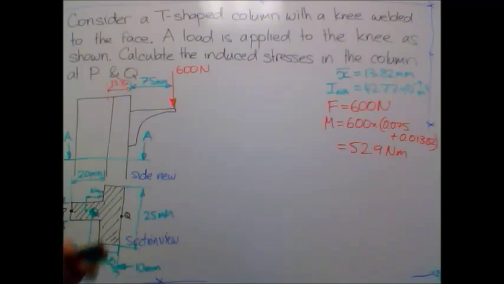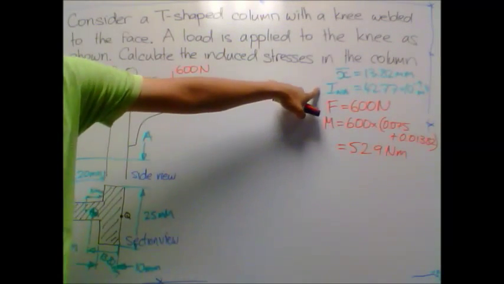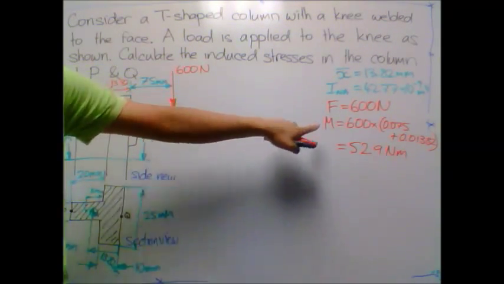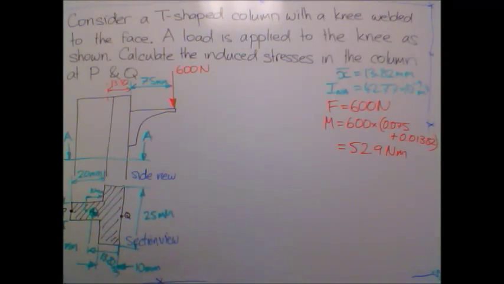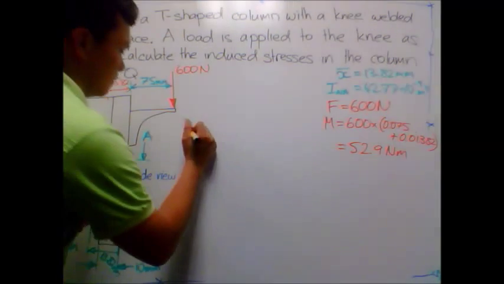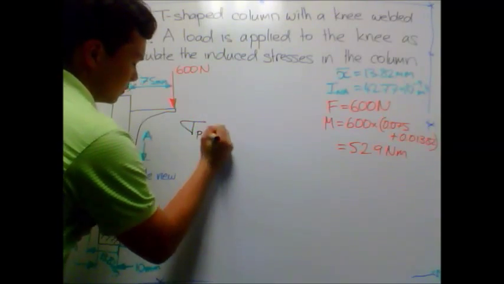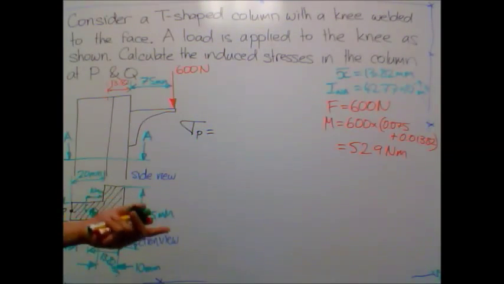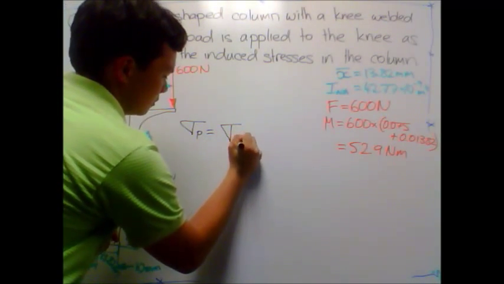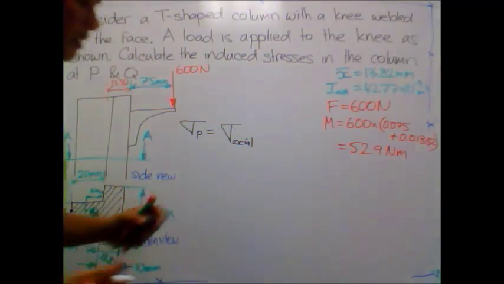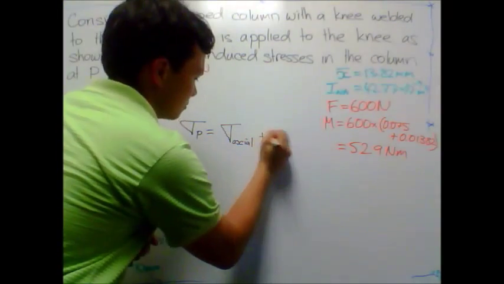Now, so I've got my area moment of inertia, my force applied to my system, my moment being applied to the system. This is most of the information that we require in order to determine the stress at points P and Q. So the stress at point P will be equal to the stress contributed by my axial load, plus the stress contributed due to my bending load.